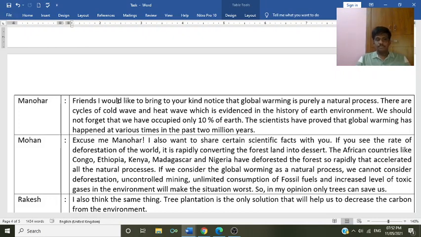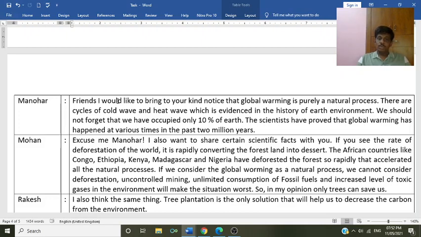Then Mohan, excuse me, Manohar, I also want to share certain scientific facts with you. So as a leader, he is not a dumb listener, he should participate in the discussion. So he is discussing. If you see the rate of deforestation in the world, it is rapidly converting forest land into desert. African countries like Congo, Ethiopia, Kenya, Madagascar, and Nigeria have deforested so rapidly that it accelerates all the natural processes.